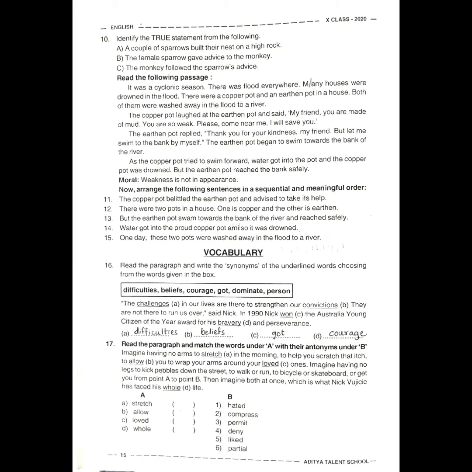Next question, 17th one. Read the paragraph and match the words under A with their antonyms under B. So let us match column A and column B with their antonyms. Imagine having no arms to stretch, and the word stretch is underlined. So we need to find the antonym of stretch. In the morning, to help you scratch that itch, to allow. And we have to find the antonym of allow.